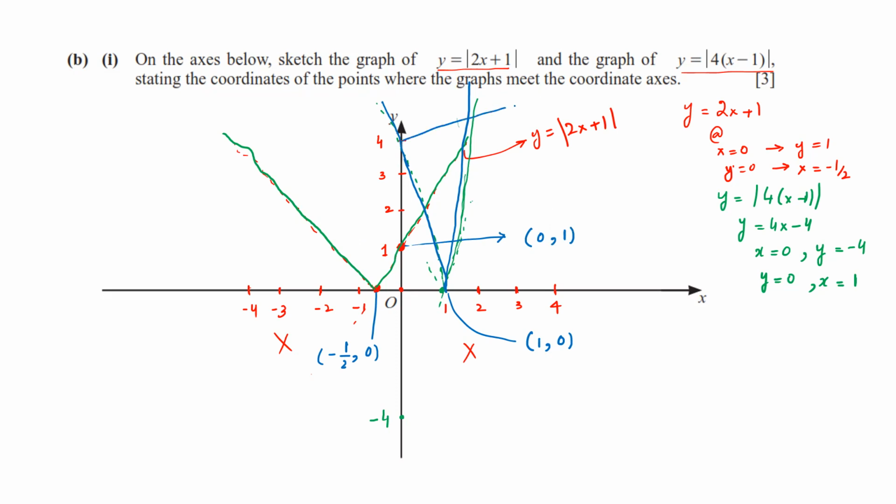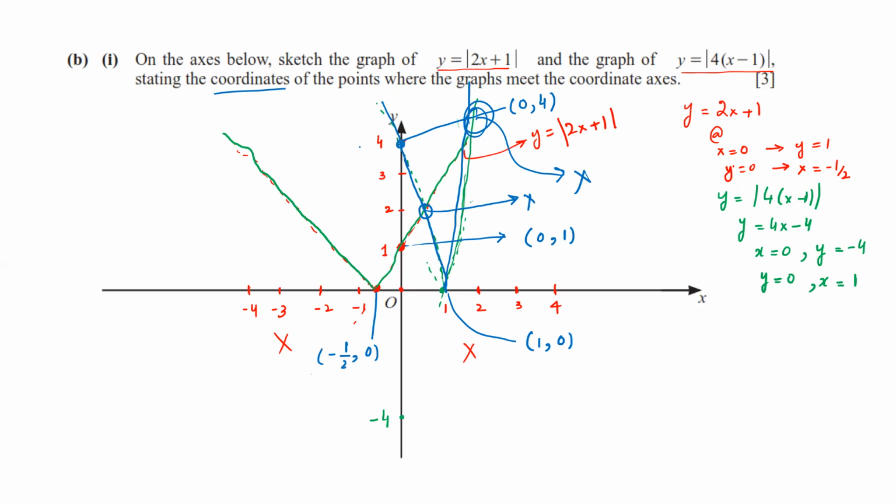This point is x equals 0, y equals 4. Your both graphs intersect at some point, and you can find that from the equation, but since we are not asked about these points, it's not recommended. We're just stating the coordinates of the points where the graph meets the coordinate axes.